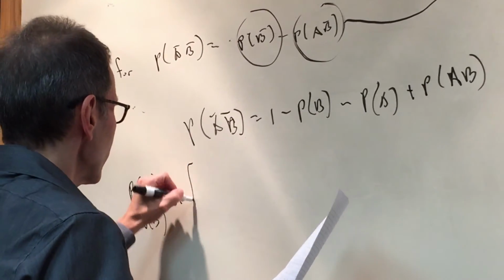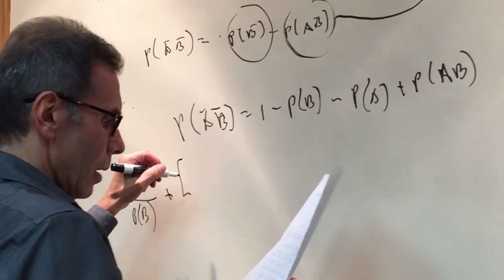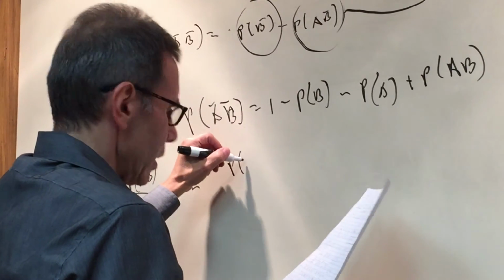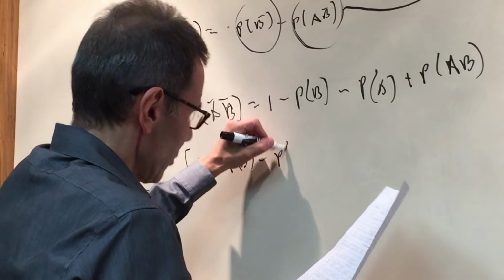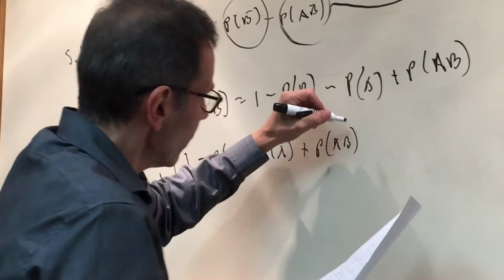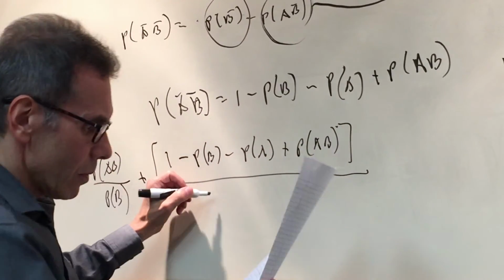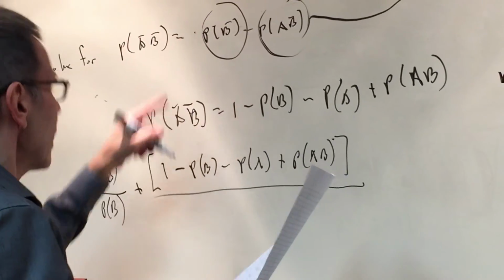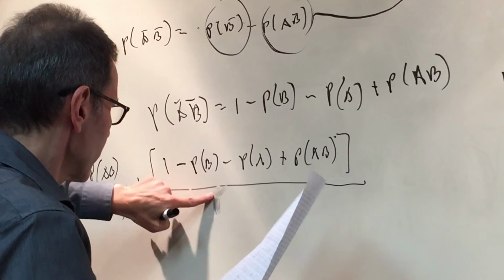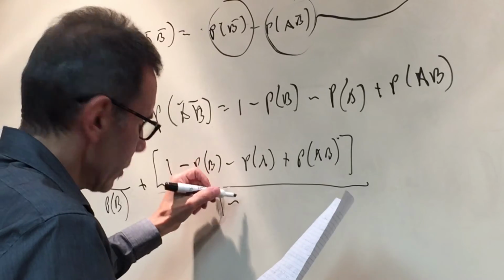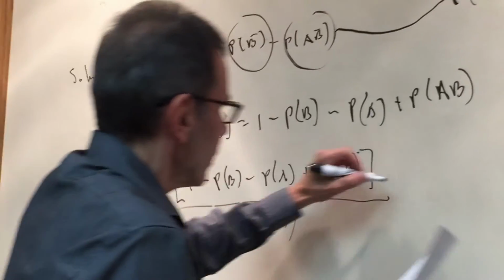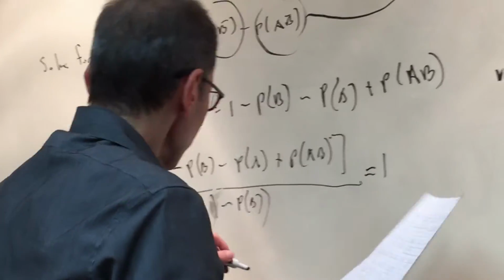Plus, now we're going to insert this whole mess: 1 minus probability of B minus probability of A plus probability of A intersect B over 1 minus probability of B, that was another insert, and all this has to equal 1.